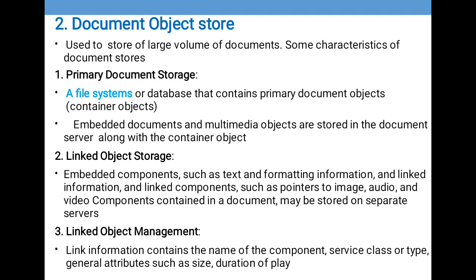The next component is the document object store, which is used to store a large volume of documents. Some of the characteristics of document storage are: primary document storage, that is a file system or a database that contains primary document objects, where it also consists of embedded document multimedia objects which are stored in a separate server container object.